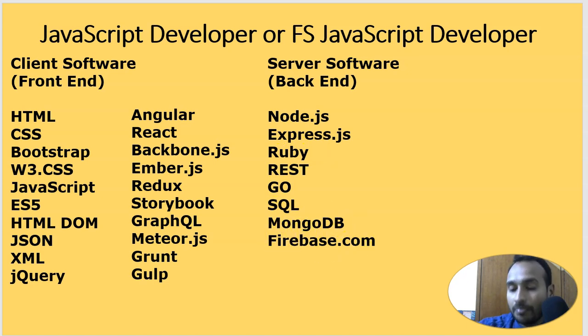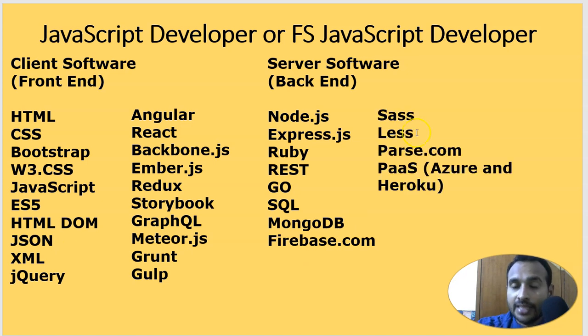These are the backend, server-side tools. Along with that, SASS, LESS, Parse.com, PaaS, platform as a service like Azure or Heroku, any platform provided to develop applications in the cloud.